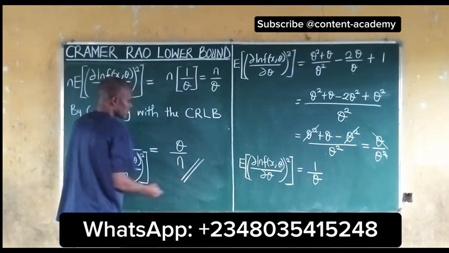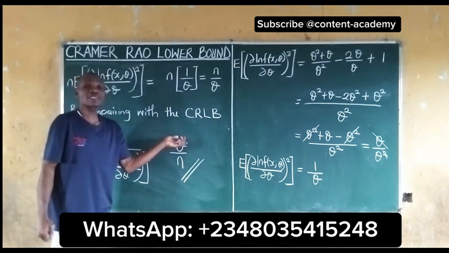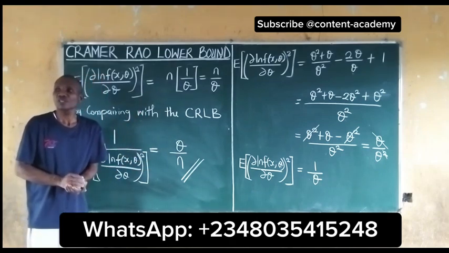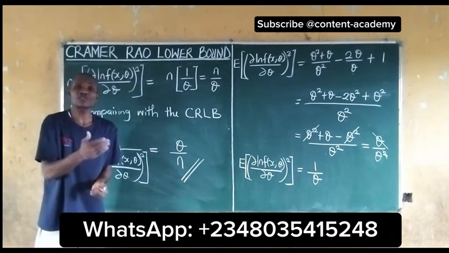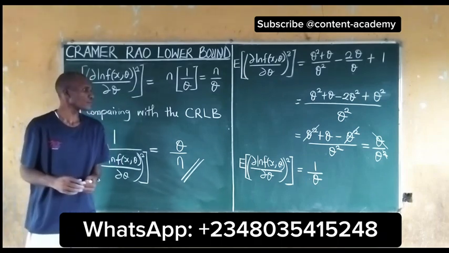So this becomes the Cramer Rao lower bound for the estimator of theta, given the Poisson distribution. So this is how we can simply estimate the unbiased estimator of theta, given the Poisson distribution.